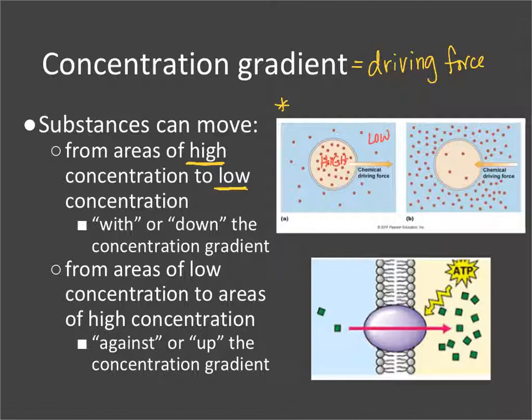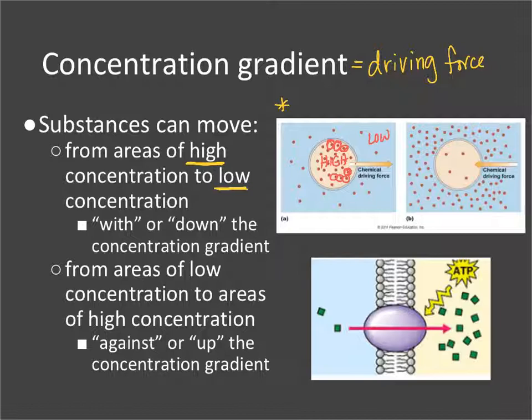This is showing that the driving force here is that these little molecules or substances have their own little vibrations, and these vibrations make them bounce off of each other. As they're bouncing off of each other, they're going to try to bounce away from each other. This is kind of like if I were to drop a whole bunch of bouncy balls in one area. The bouncy balls aren't going to stay in that area. They're going to start bouncing away from each other.